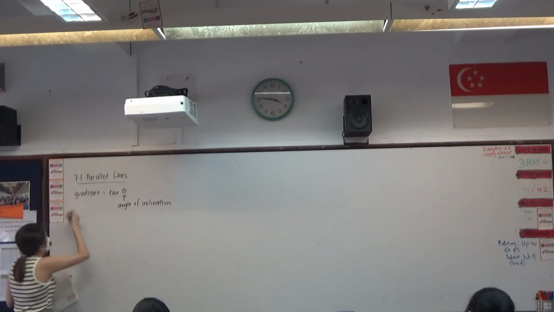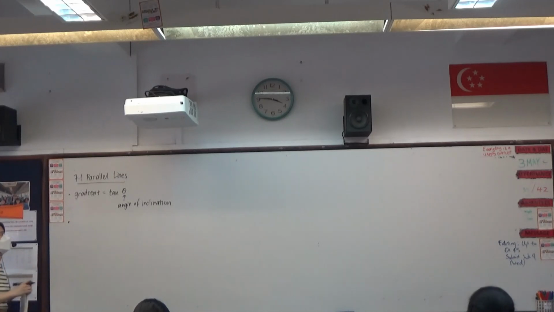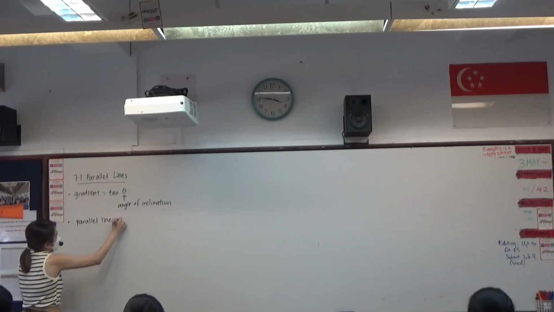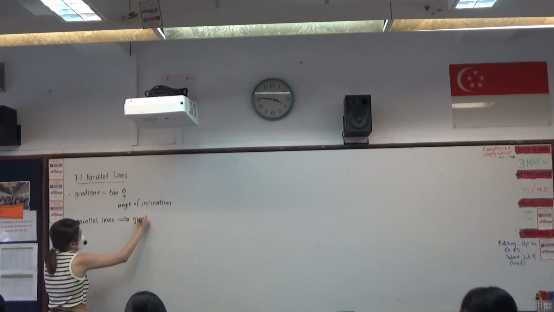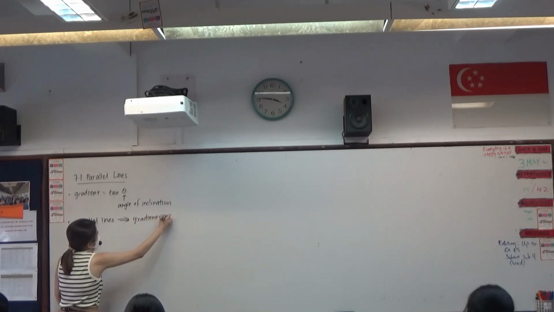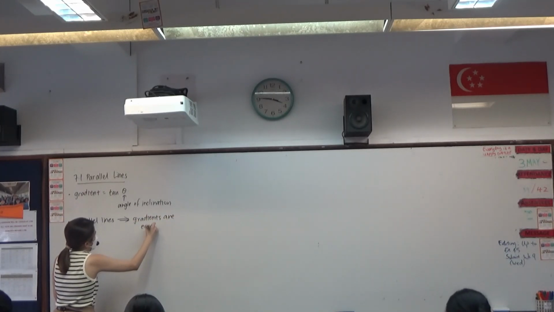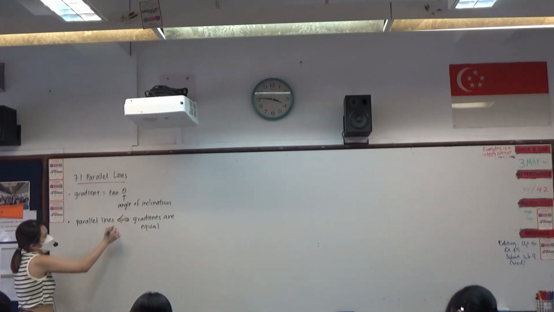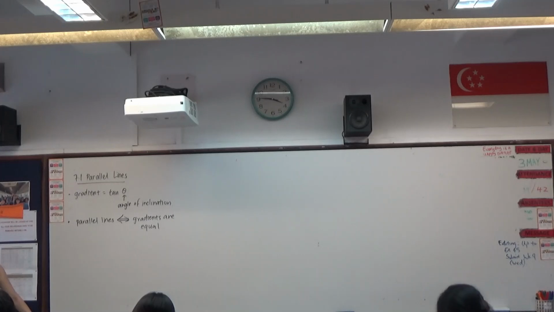Then another concept that we have learned about parallel lines is that so long as there are two lines that are parallel, we can say that the gradients are equal. Likewise, when the gradients are equal, it will be able to inform us that they are parallel lines.